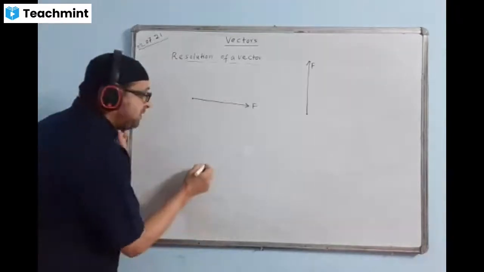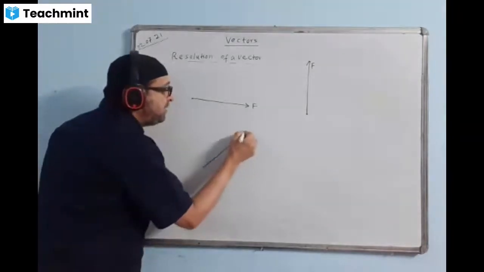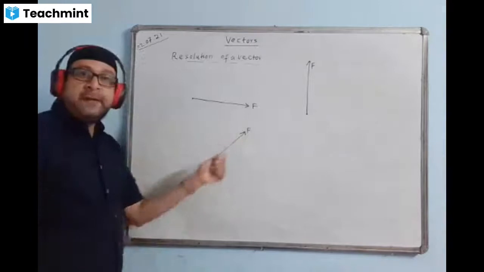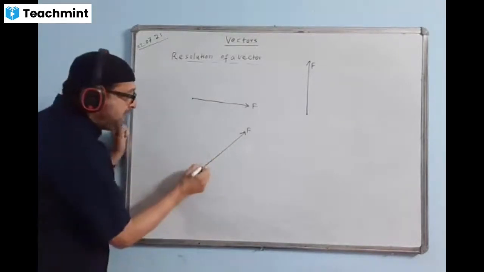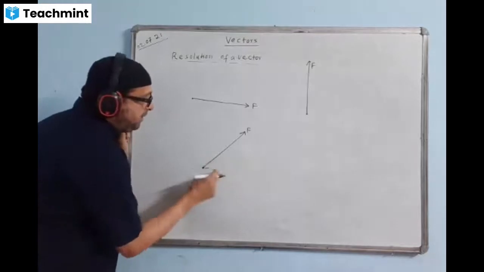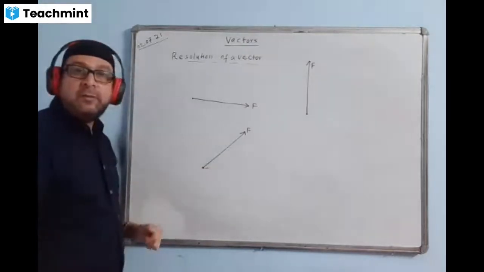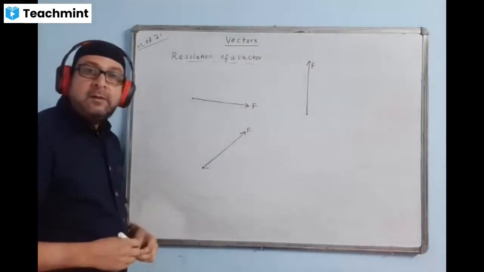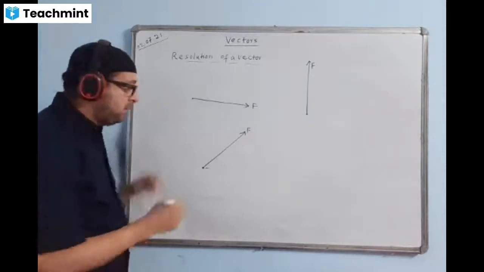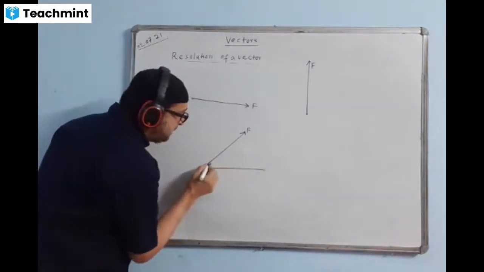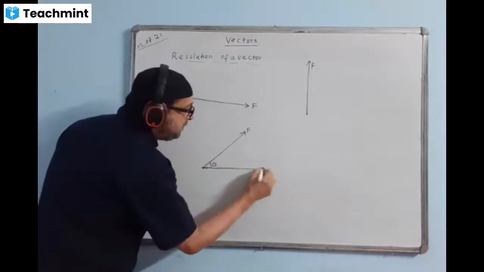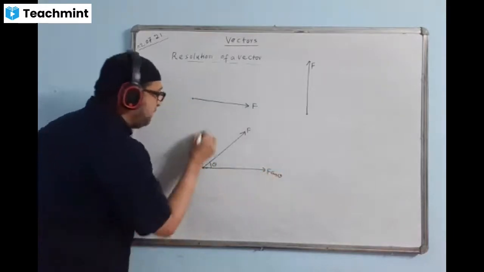But if it is slanted like this, making some angle with the horizontal line, then we can break it into rectangular components like this. Suppose here is the angle theta, then this will come F cos theta, and this will come F sin theta.